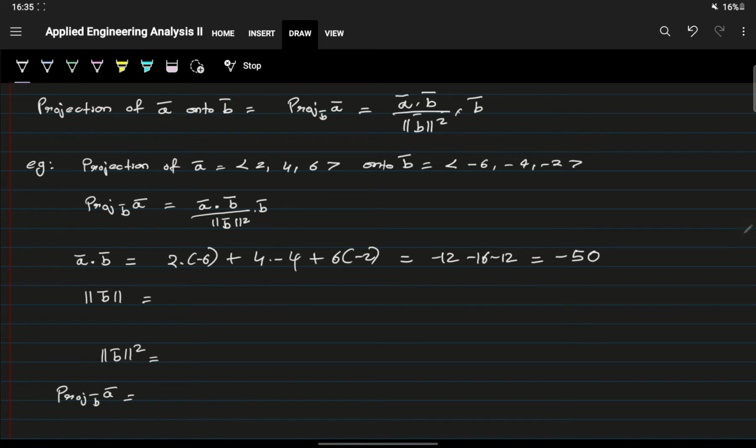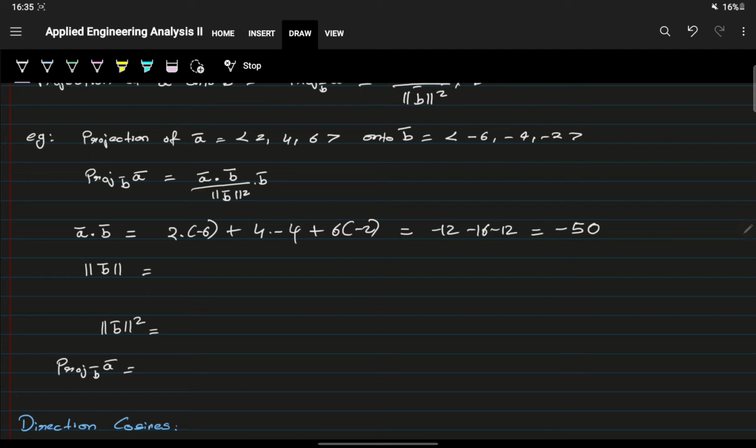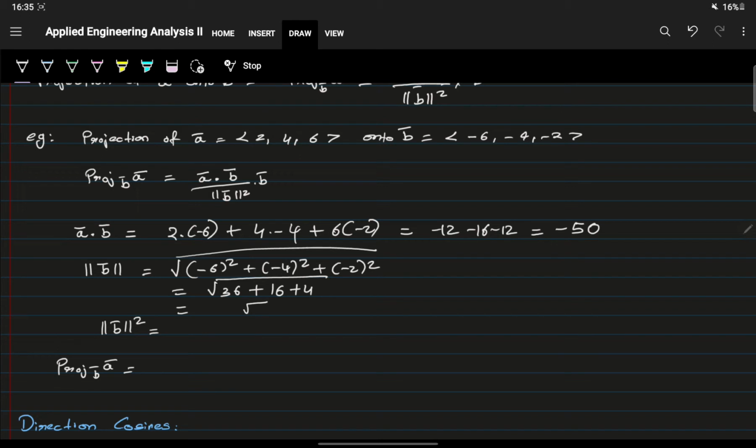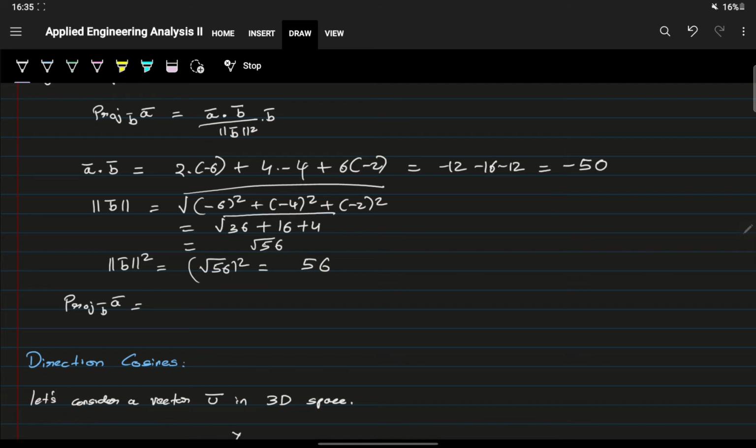This is minus 12. Let's calculate the magnitude of B, and the square of the magnitude would be 56. So now the projection of A on B: the dot product is minus 50 by 56 times the vector B.